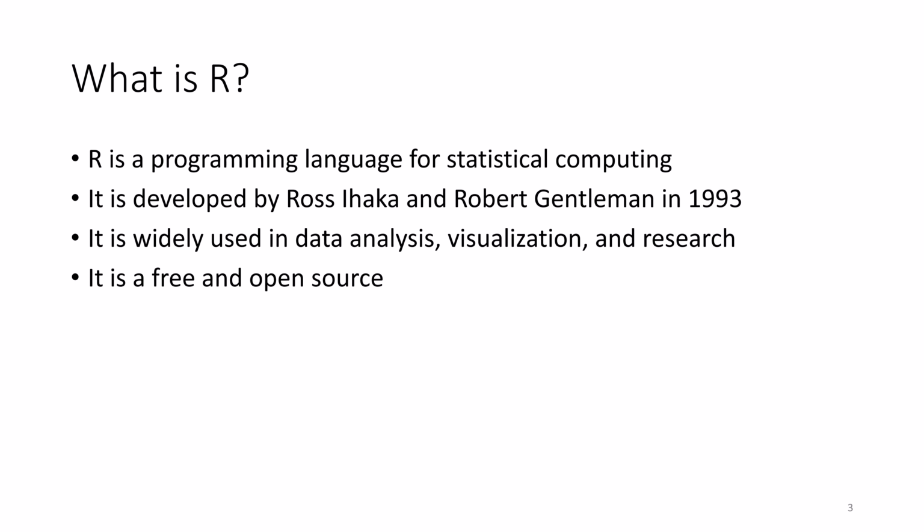The language was publicly introduced around 1993 and has since grown into a widely adopted tool in research, academia, and business. One of R's biggest strengths is its free open source nature. It is distributed under the GNU General Public License, so anyone can use, modify, and share it.